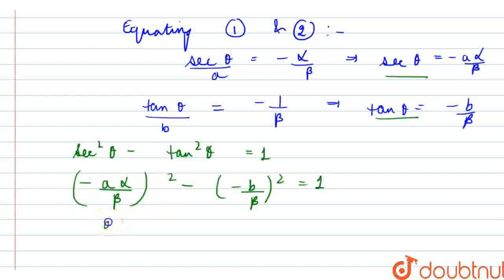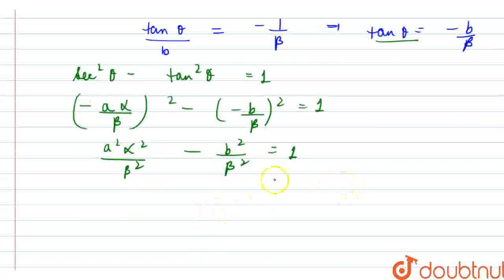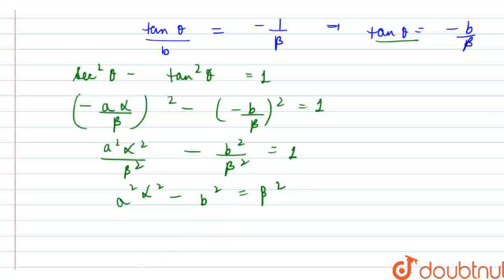Solving it further, I get a square alpha square upon beta square minus b square upon beta square is equals to 1. So taking beta square as LCM and taking it to the right hand side, we are left with a square alpha square minus b square is equal to beta square.